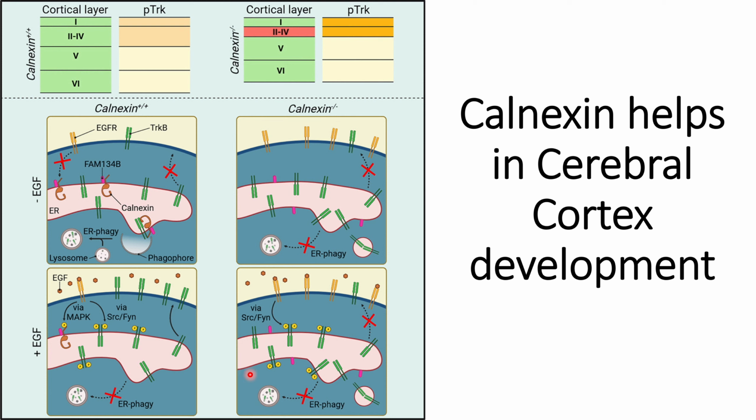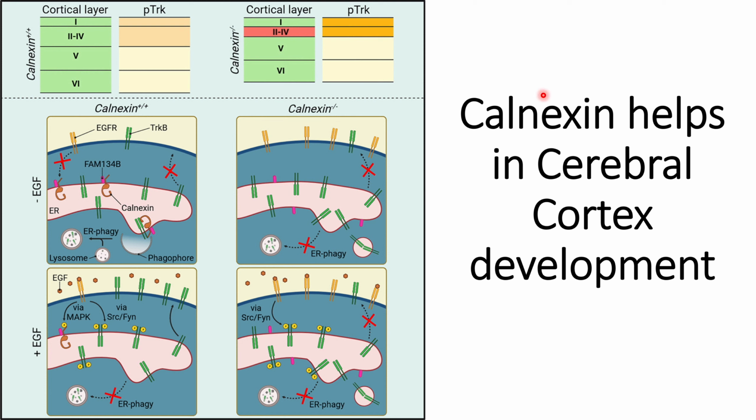ER-phagy will also not occur, so that will cause, with time, an increase in TrkB in the intracellular parts of the cells, and that will cause more unfolded protein formation, not only for this TrkB but for other important proteins also. So it will cause other problems along with this impaired cortical layer development.